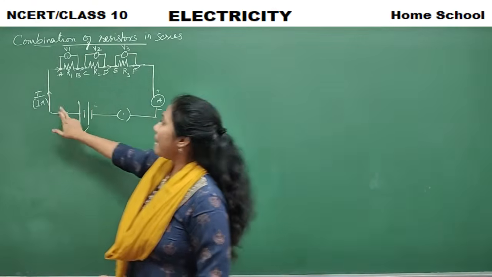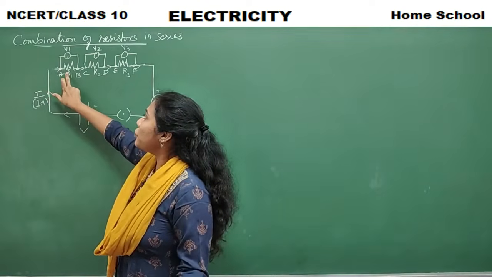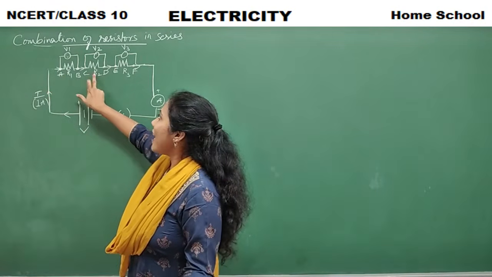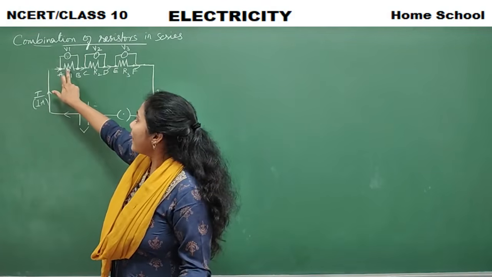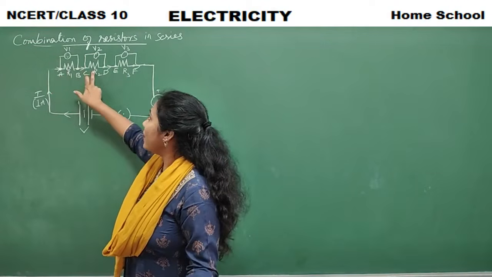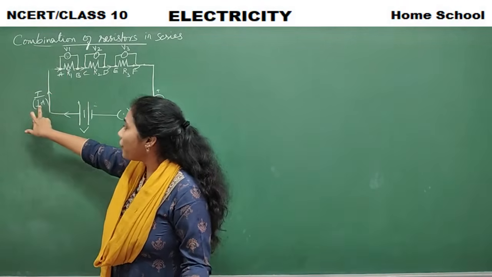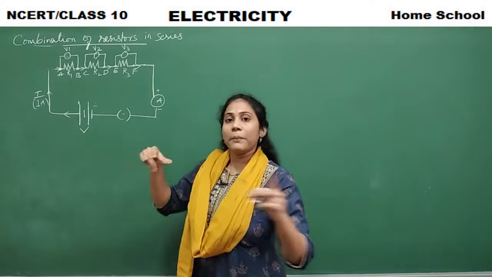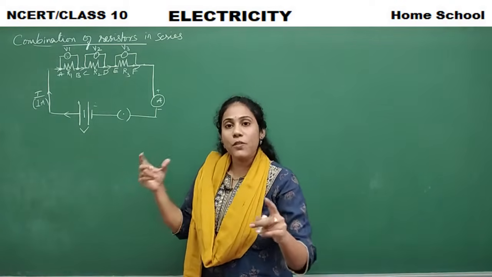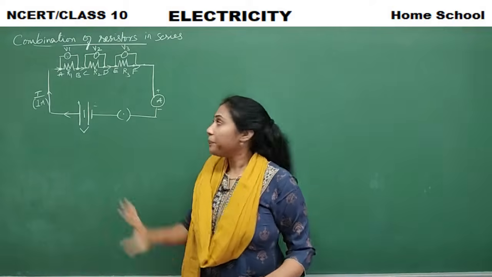How much current will flow through the R1 resistor, R2 resistor as well as R3 resistor? Will the current flowing in R1, R2 and R3 be equal to the total current, or will it be different? So this is what we are going to discuss.